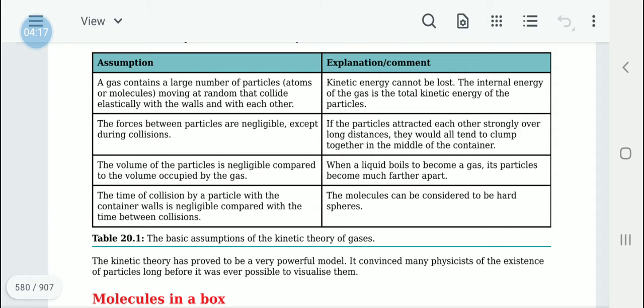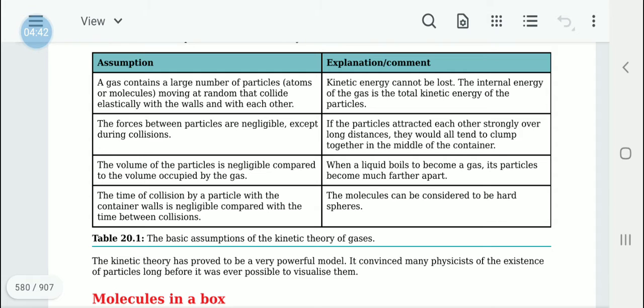A gas contains a large number of particles, atoms or molecules, moving at random that collide elastically with the walls and with each other. When you mention these elastic collisions, you need to remember what elastic collisions mean. The explanation is kinetic energy cannot be lost. The internal energy of the gas is the total kinetic energy of the particles.